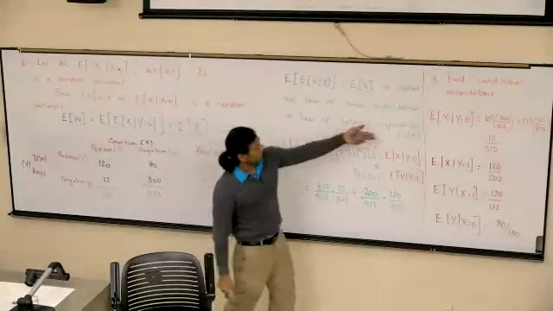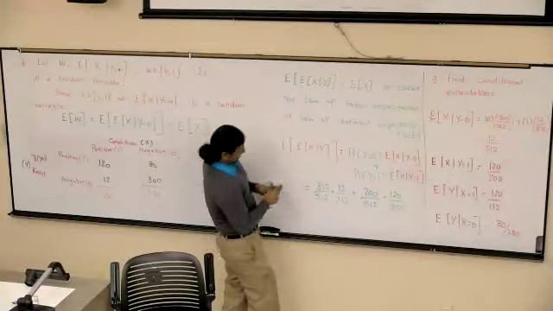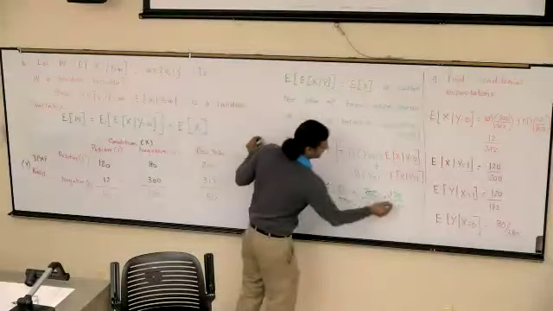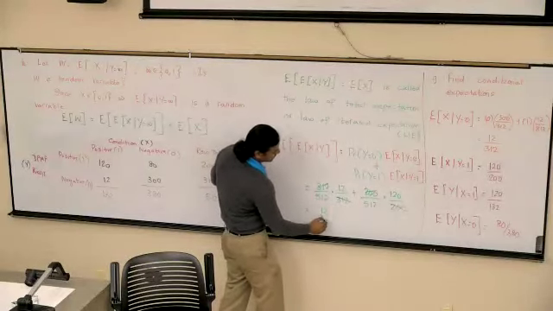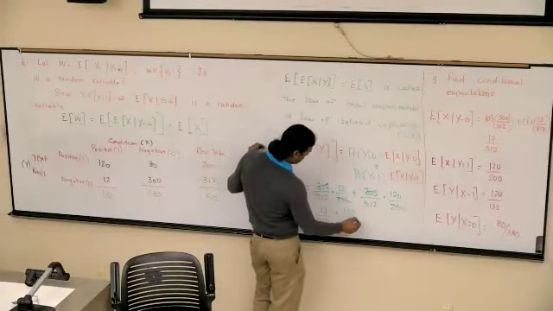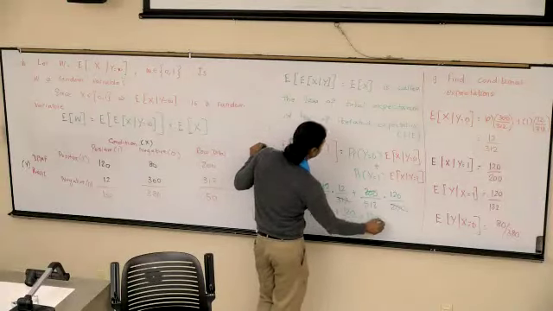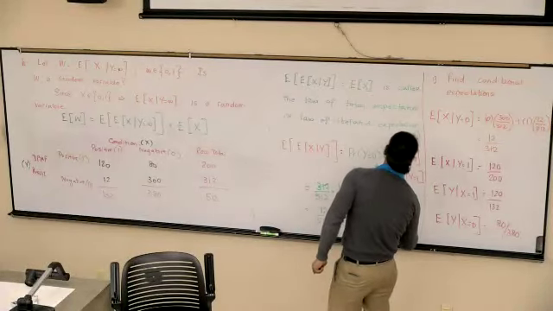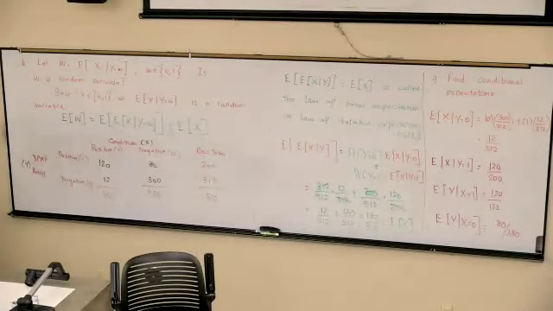So if I use those two expectations, this number and that number would go away, that and that would go away. 12 over 512 plus 120 over 512, 132 over 512, that is basically equal to expectation of X. That's the expectation of X.